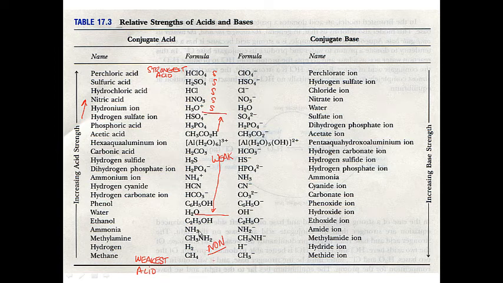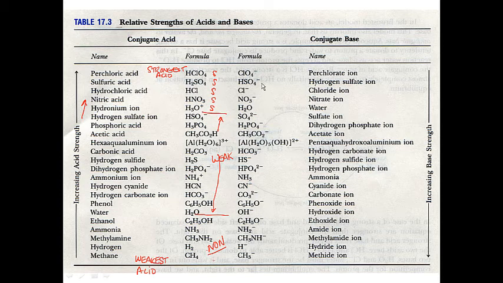Even though I wrote NH2- as its conjugate base, that's true, it is of ammonia, but ammonia will not react with water. It reacts as a base, not an acid. And so ammonia won't give up a proton to water. So strong acids, weak acids, and what I consider to be non-acids, which means they just don't react with water.